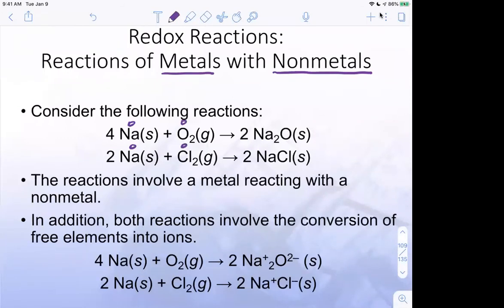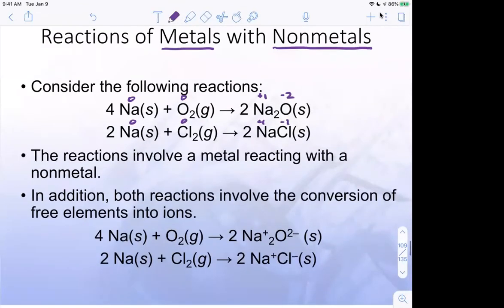Diatomic elemental oxygen, diatomic elemental chlorine is 0. My sodium is +1, my oxygen is -2. My sodium is +1, my chlorine is -1. All of these are examples where reactions involve a metal reacting with a nonmetal, and they both involve the conversion of free elements into ions.